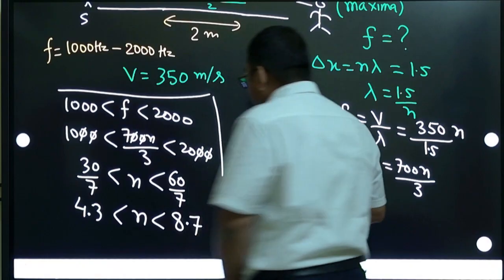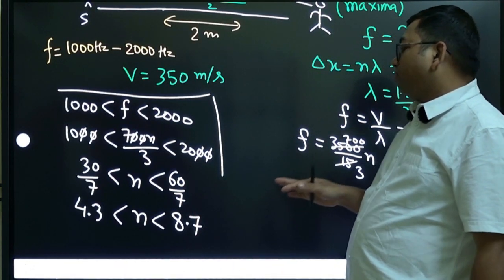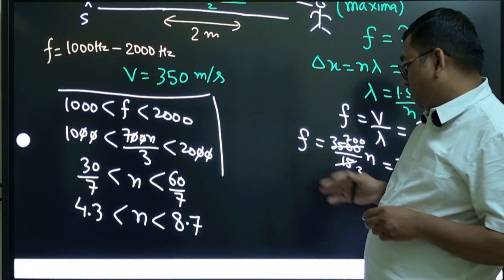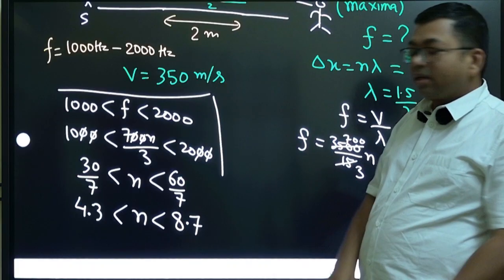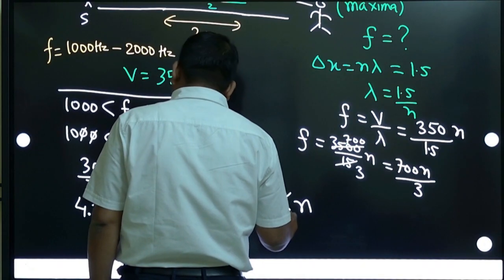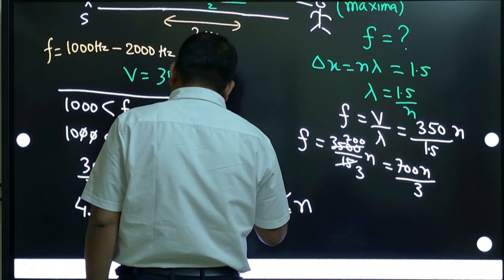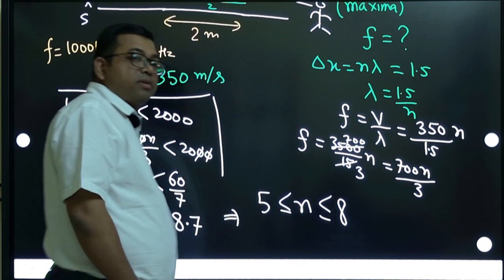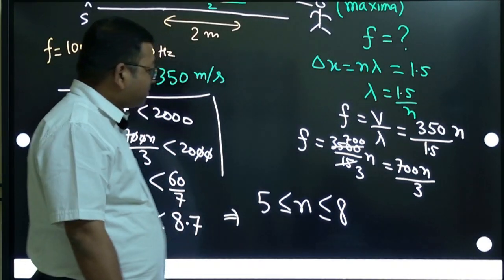So integer means greater than 4.3, the next integer will be 5, and less than 8.7 means 8 we can take. So n must lie, equality you can take now, between 5 and 8. Yes, correct.